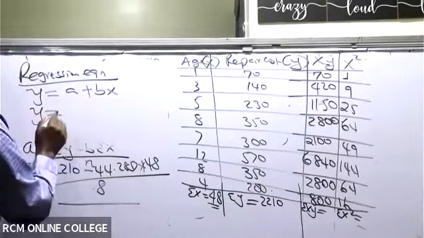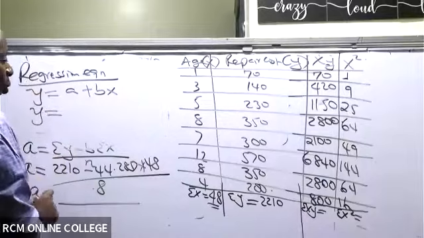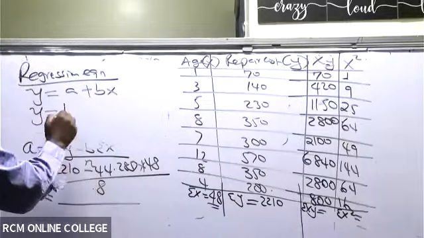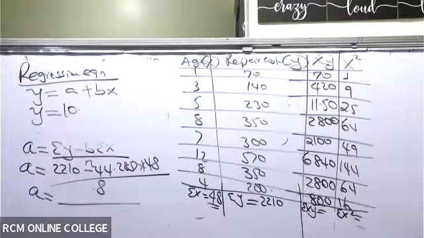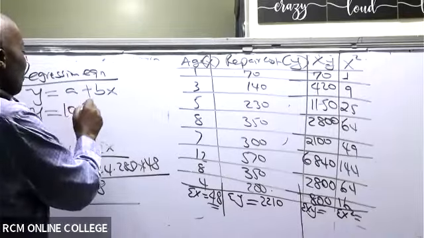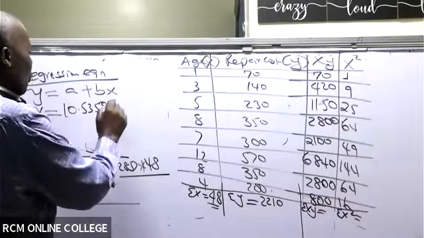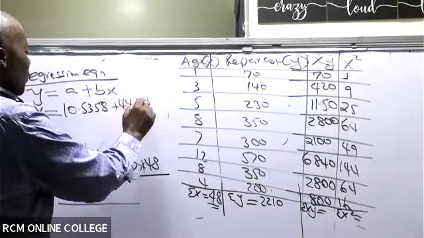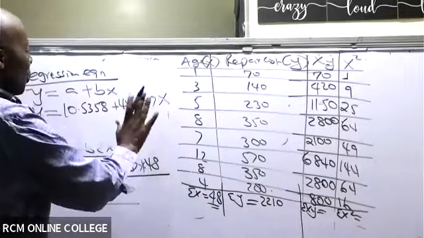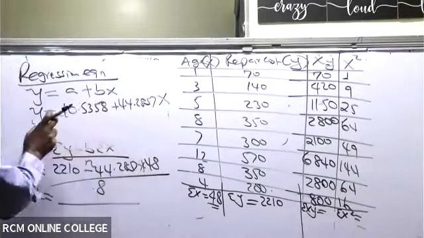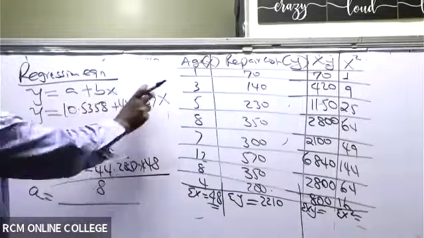So my y will be equal to a, which we got here, and I remember it was 10 point something, 10.5358, plus b, which is 44.2857 x. Remember, the regression equation gives us the connection between the dependent variable and the independent variable.